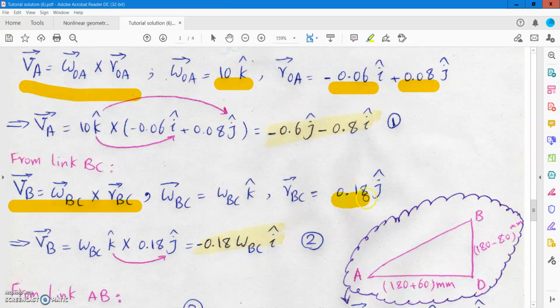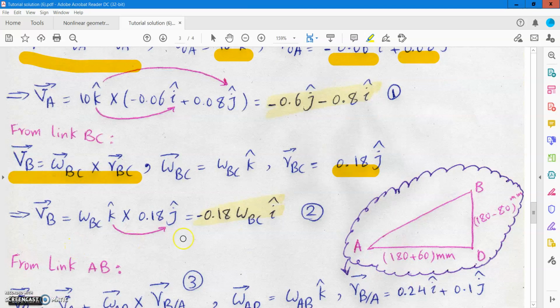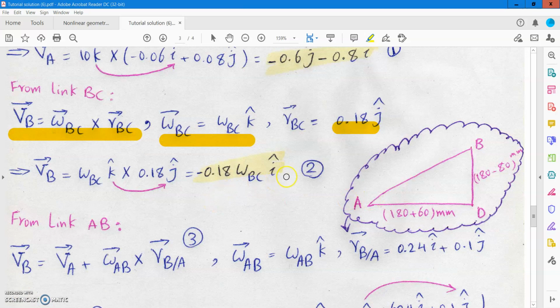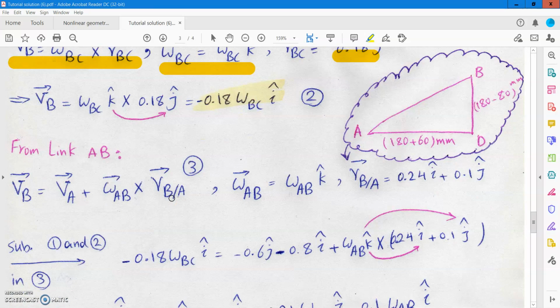So omega BC cross RBC will be equal to minus 0.18 omega BC I, because if we assume omega BC in vector form is in the positive direction of K, it will be K cross J, which is equal to I with a negative sign. So this is VB.